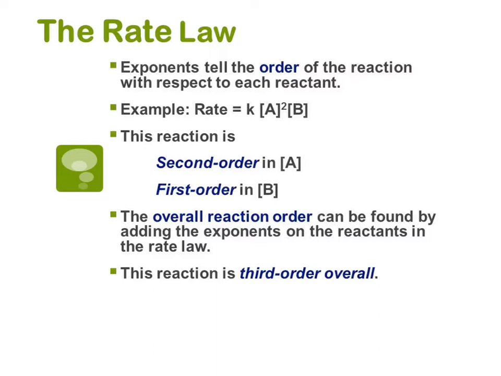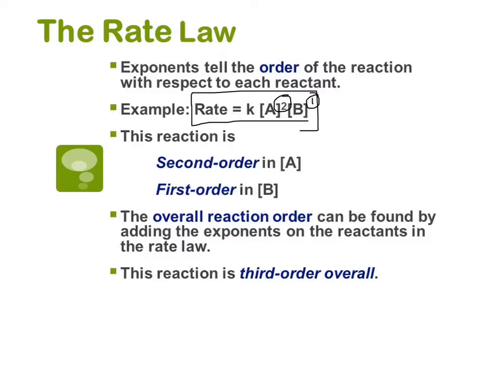The exponents in the rate law tell us what the order of the reaction is with respect to each reactant. For example, the rate equals K A squared times B. We would say that the reaction is second order with respect to A because it has an exponent of 2, and we would say it's first order to B because it has an exponent of 1.